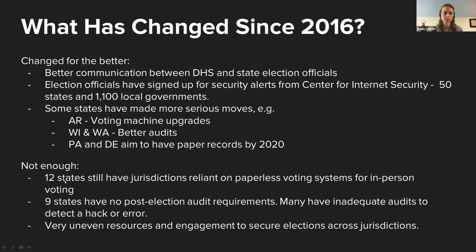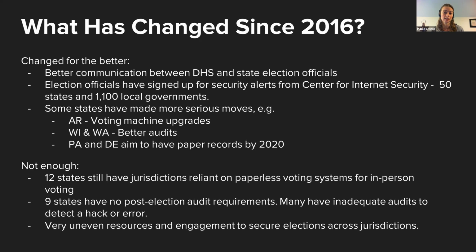There are still too many jurisdictions that are relying on paperless voting systems for in-person voting. There are many, many jurisdictions that have inadequate audits to detect even the possibility of a hack or an error. There may be an excellent audit that's statistically significant enough to affirm an outcome of an election.